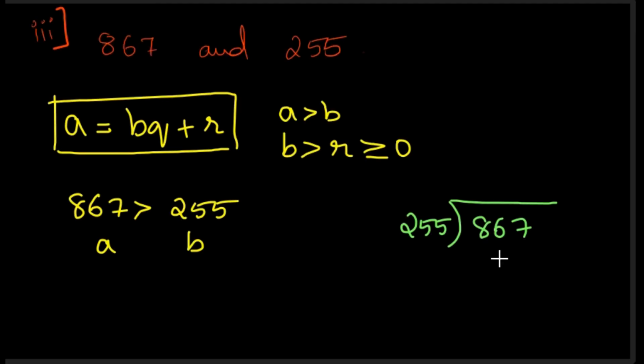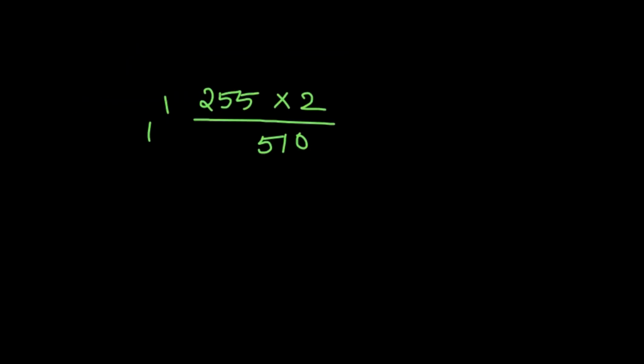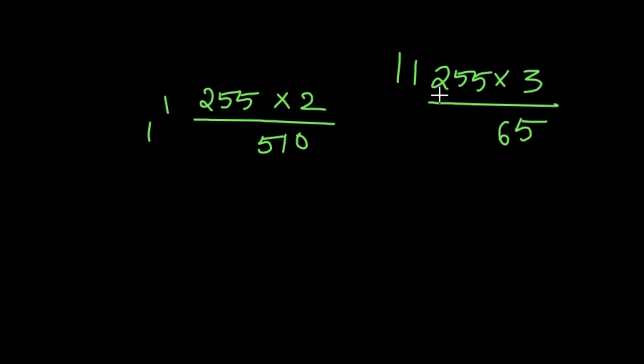But this is 867. 255 multiplied by 3, we get 3 5s are 15, 1 carry, 3 5s are 15, plus 1, 16, 1 carry again, 3 2s are 6, 7, 765.